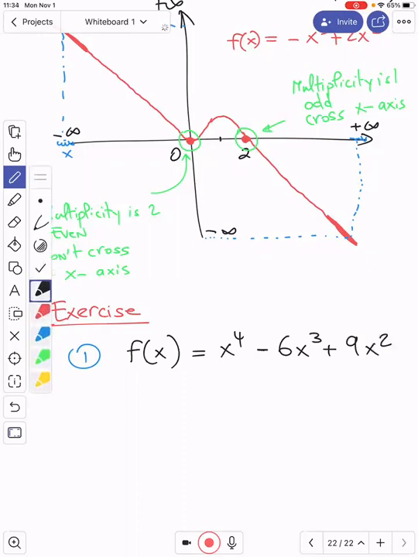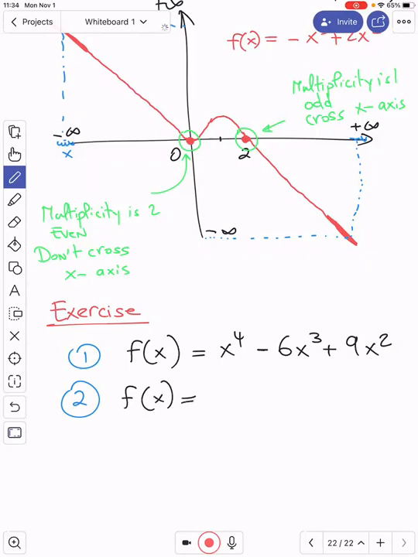Number 2, we have f of x, this is just x cubed minus 2x squared plus x.